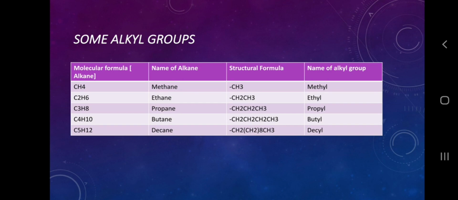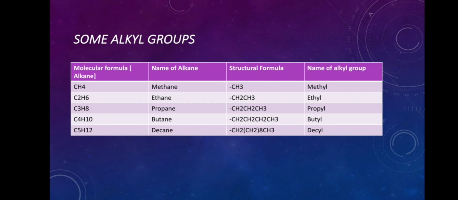I am Shiva Atre and I am going to explain the topic homologous series table. In this topic, we will see that there are compounds, that is methane, ethane, propane, butane, and pentane, and their molecular formulas are CH4, C2H6, C3H8, C4H10, and C5H12. In this group, we see the alkyl groups on the right side.